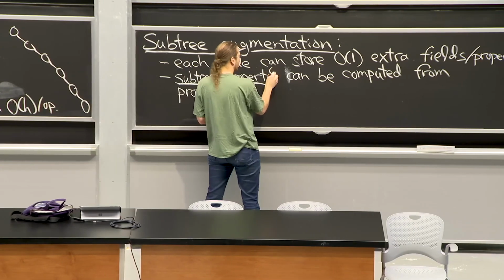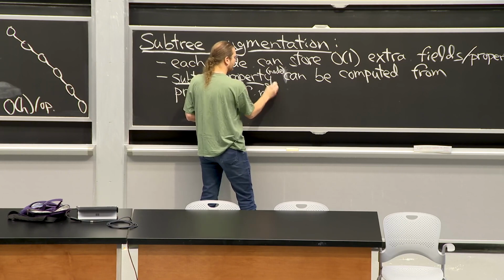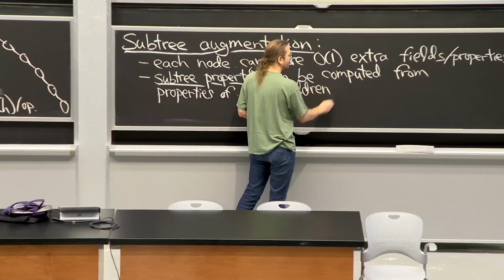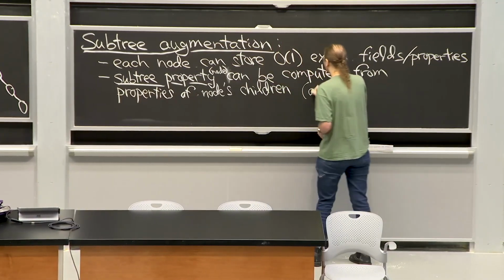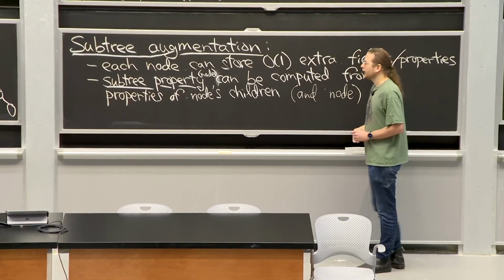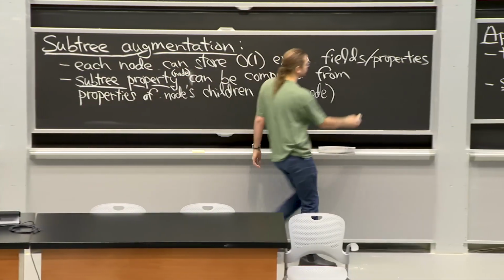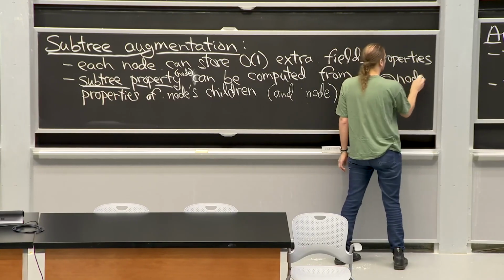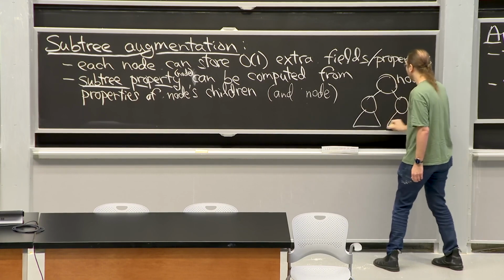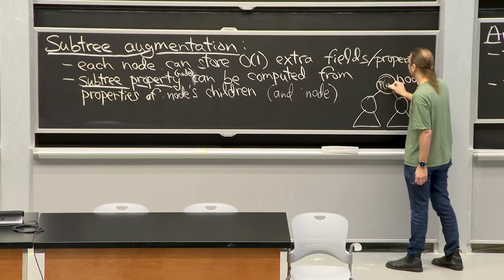So I should say this is of a node. So children are node.left and node.right. You can also access a constant amount of other stuff, for example, the node itself. But the point of a subtree property is it's downward looking. If I have a node here, and I want to compute some property about it, we want to store P of the node.